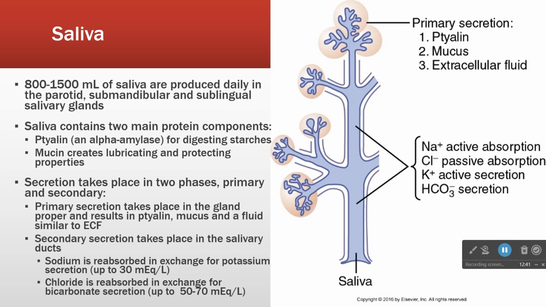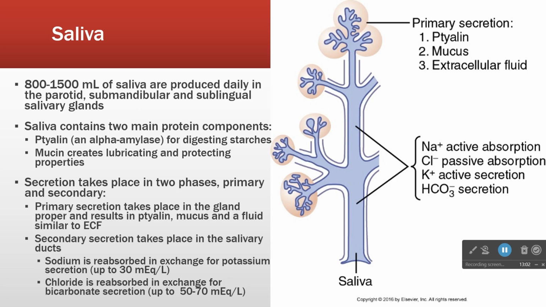So we're getting our ptyalin, our mucus, and then our water, all of which combine to form saliva. Then the secondary secretion happens in the ducts themselves, and this modifies the primary secretion into the final saliva that will come into the mouth.